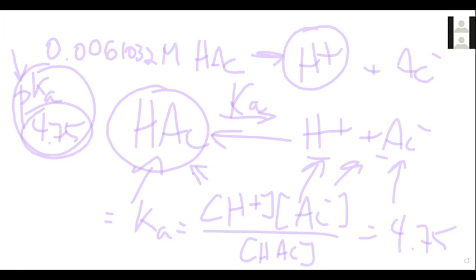And if it's a weak acid, the Ka is low, meaning our concentration of H plus and acetate is going to be small compared to the concentration of acetic acid. If you remember, I think it's around 1.8 times 10 to the minus 5. But what's minus log 4.75?